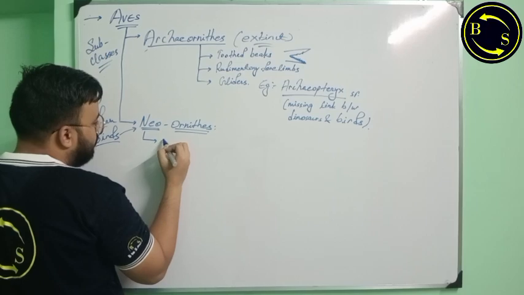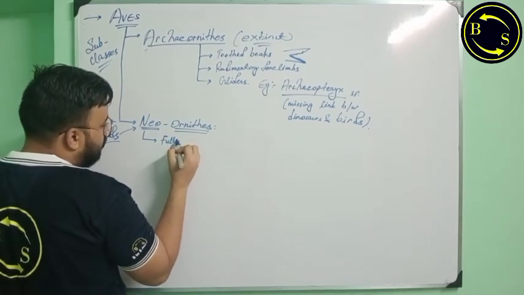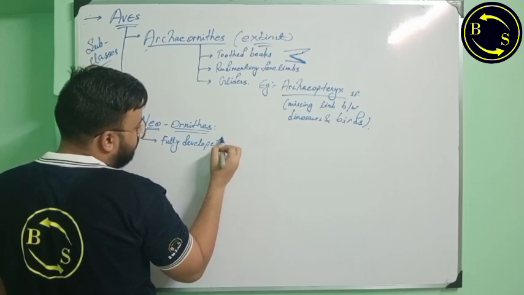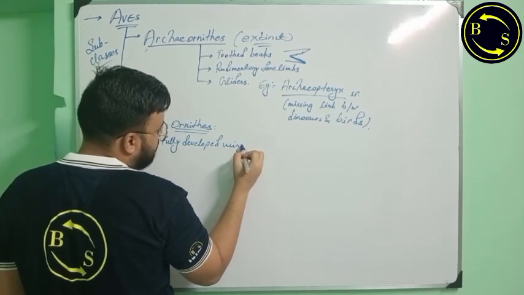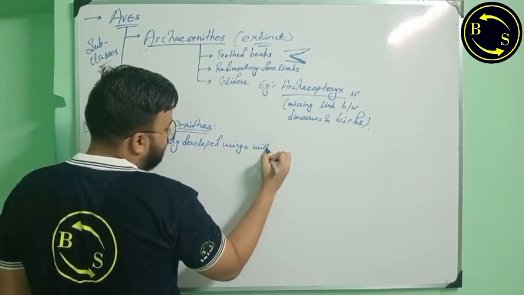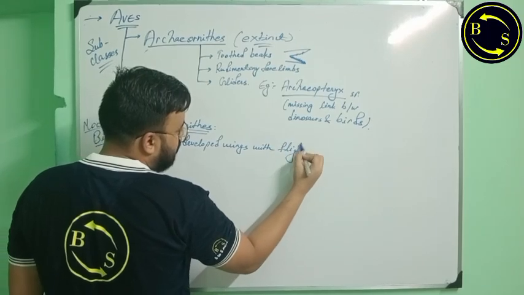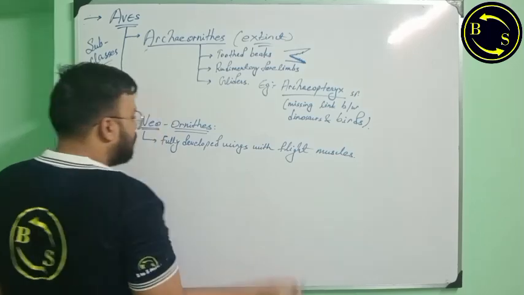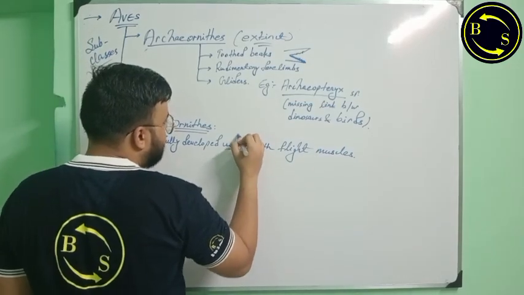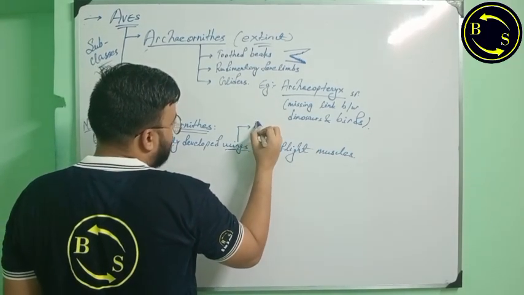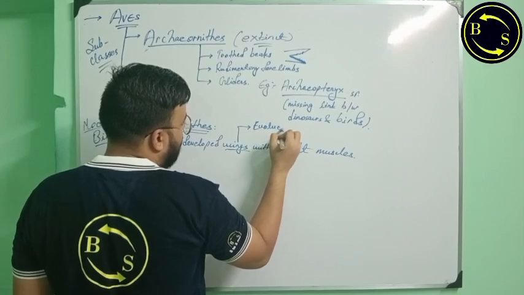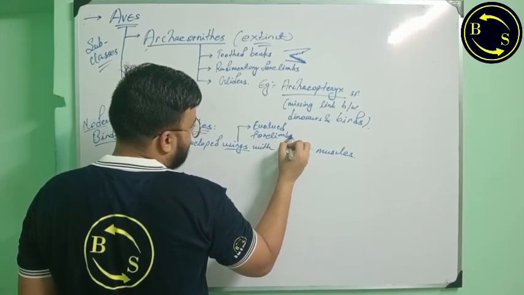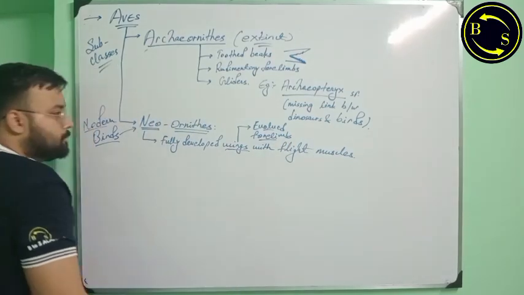They have fully developed wings with flight muscles. Okay. Now these wings were evolved forelimbs.